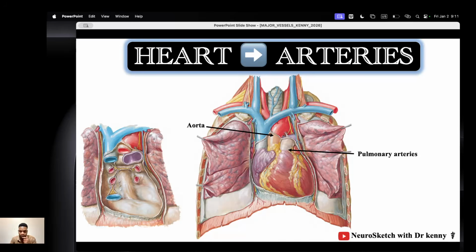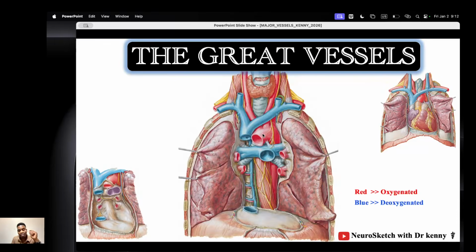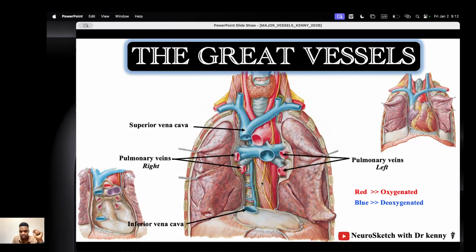So far we have seen two venae cavae, superior and inferior, and four pulmonary veins that are draining blood into the heart, but the blood that is carried is oxygenated blood. We have the pulmonary trunk, which later divides to form two pulmonary arteries, one on the left and one on the right, and then we have the aorta.